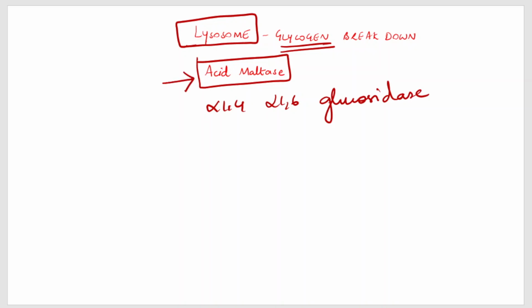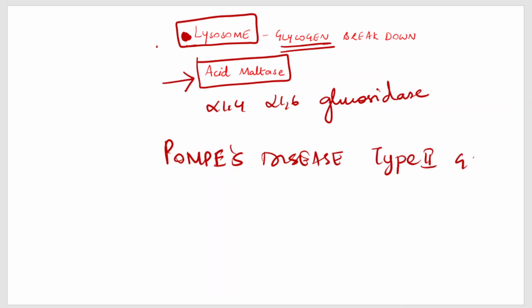We can also call it a lysosomal storage disease. So what can happen? Glycogen will not be broken down, so glycogen will get stored in the lysosomes. So there is accumulation of glycogen in the lysosomes, leading to Pompe's disease. Pompe's disease is type 2 glycogen storage disease.